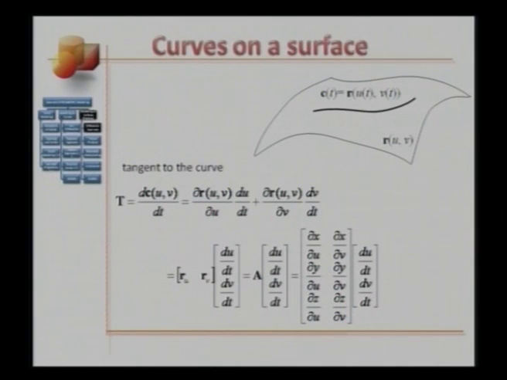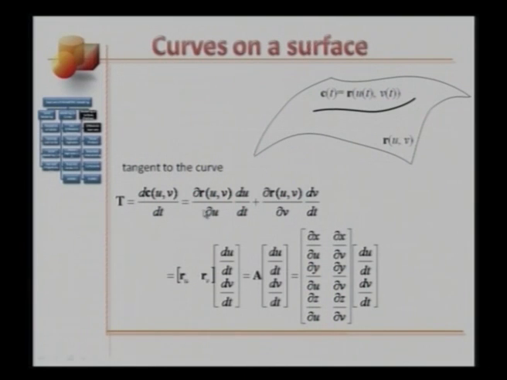You can do the math and you can express this right hand side as a multiplication of two matrices, a row matrix and a column matrix. This row matrix comprises the tangent along the u direction and the tangent along the v direction.